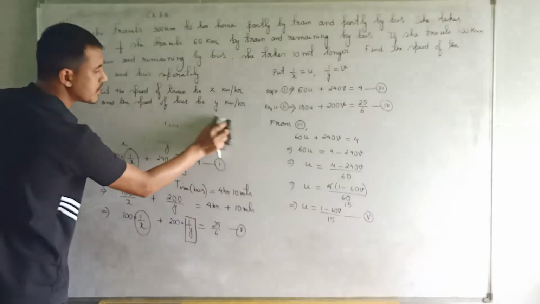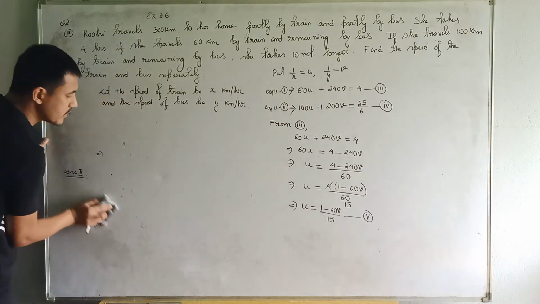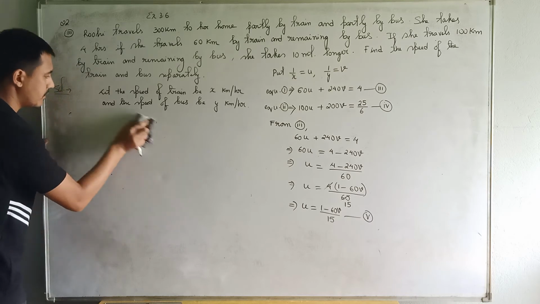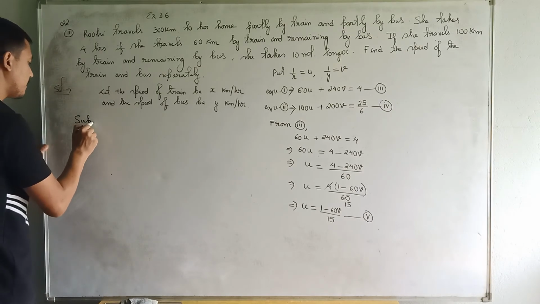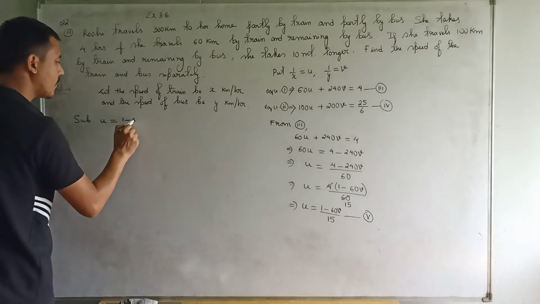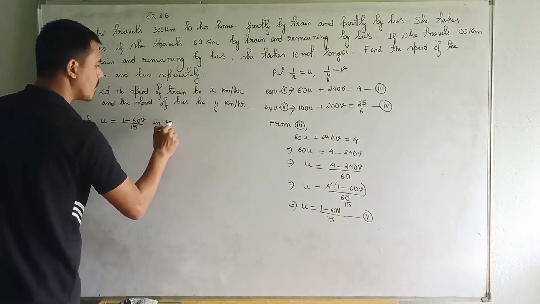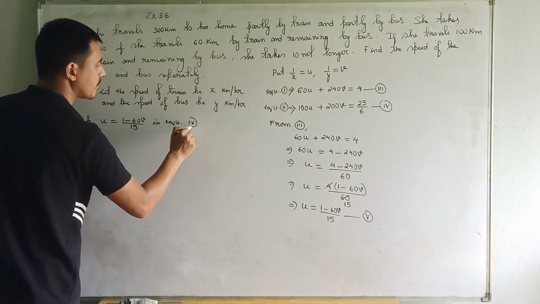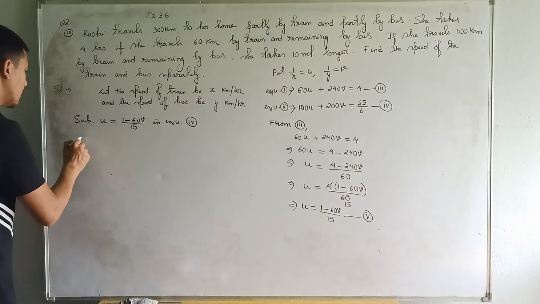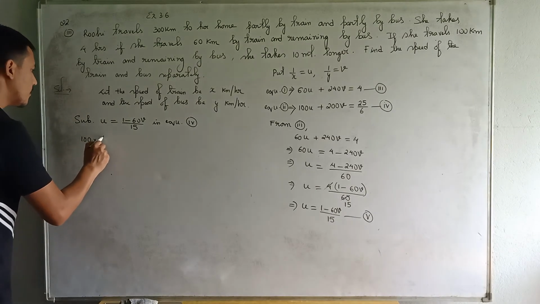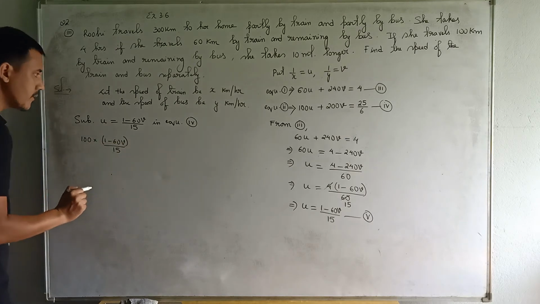So what we are going to do is substitute this value of u in another equation, say equation number 4. So substitute u equals 1 minus 60v upon 15 in equation 4. Your equation 4 is 100u. So 100 times u, which is 1 minus 60v upon 15, right?